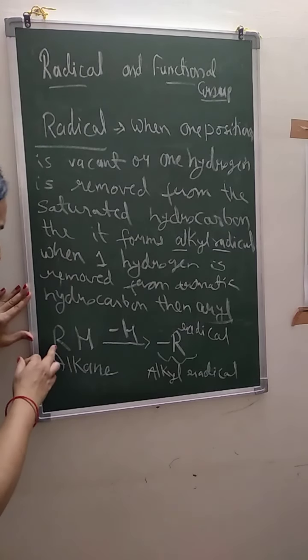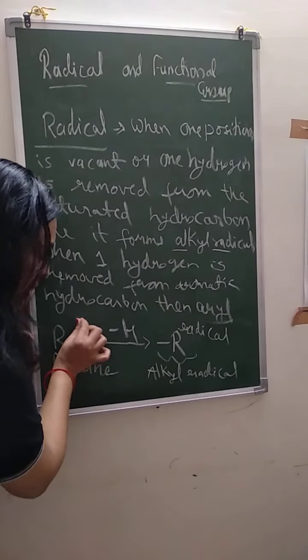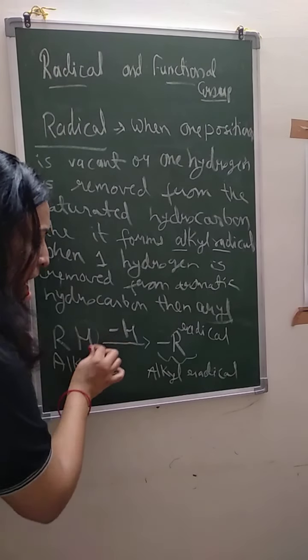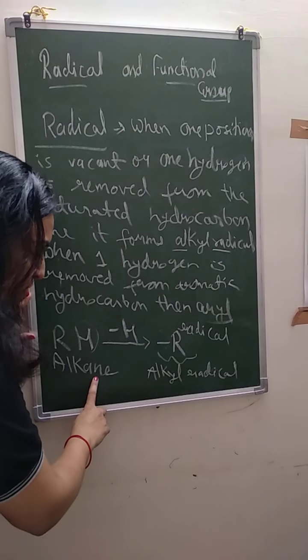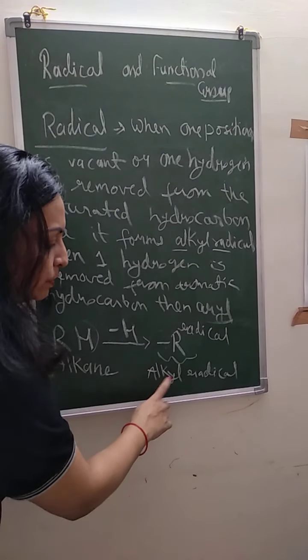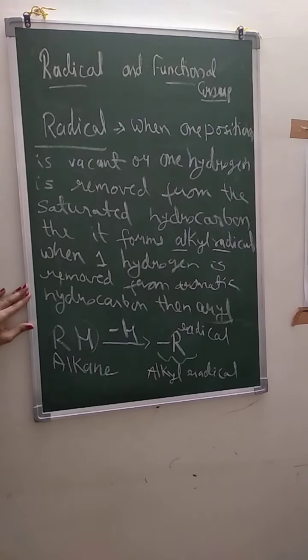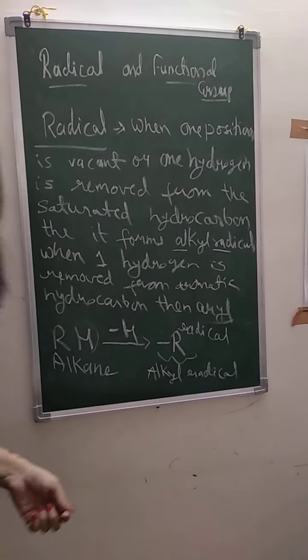Look at here once again. Suppose we write it RH, then this H or hydrogen is removed and this position is vacant. Clear? This position is vacant. Then when hydrogen is removed from saturated hydrocarbon, the position is vacant and this group is known as alkyl radical. So this is alkyl radical.